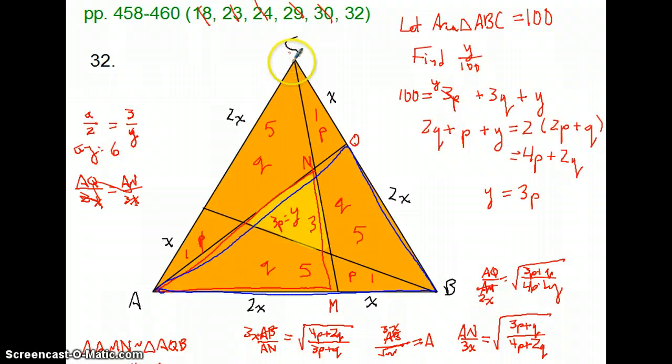And I know that this triangle here from C to M to A has to be 2/3 of the whole triangle, because of the way these two things compare, that's like the whole nature of this 2/3 business. So if I talk about how many pieces are in that, and I know that that's equal to double one of these, I find out really quickly that the triangle in the middle is equal to the sum of these 3 little outer P areas. The hard part is figuring out the ratio of the Q area, and I put in the 5s and the 1s and the 3s later, the Q area to anything else, really.